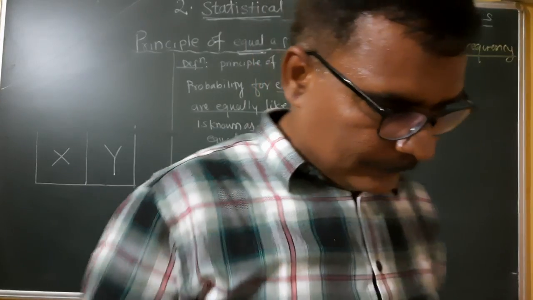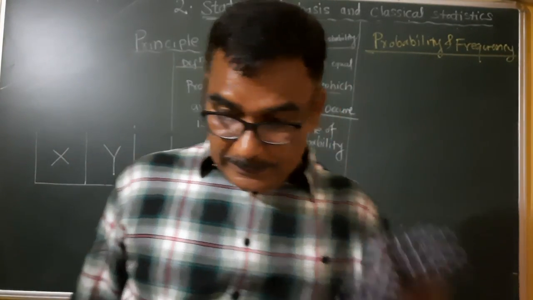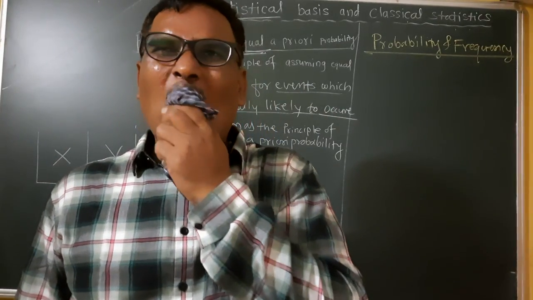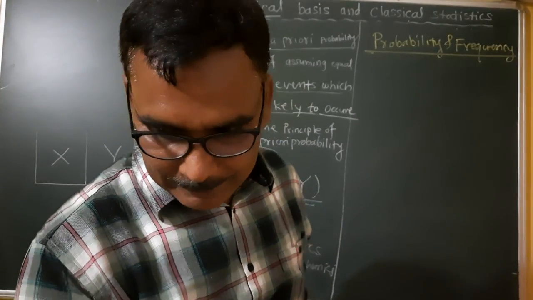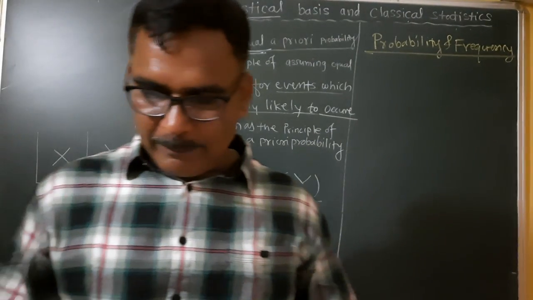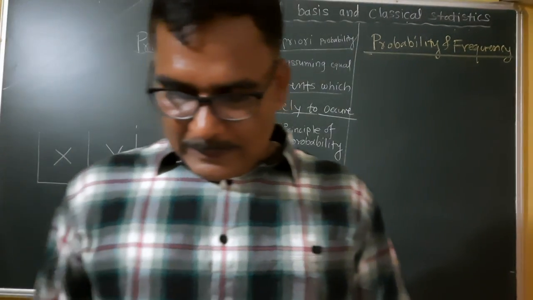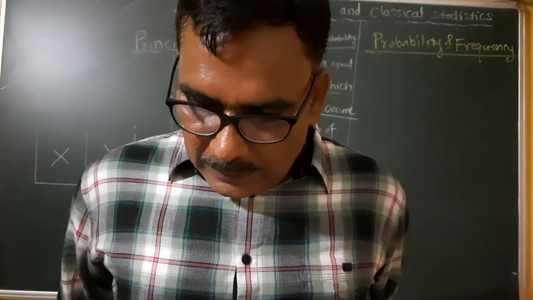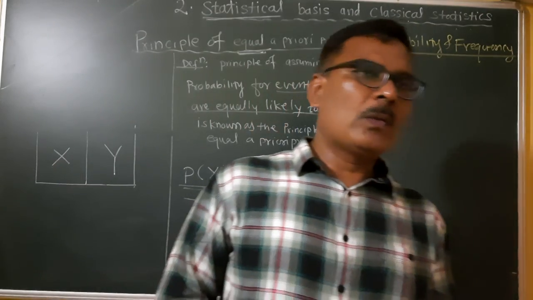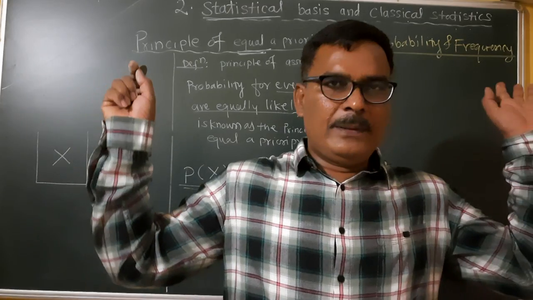Probability and frequency. Suppose we toss a coin n times. We find that head may occur h times, and here we introduce a term, frequency of event. Consider the coin is tossed 50 times.